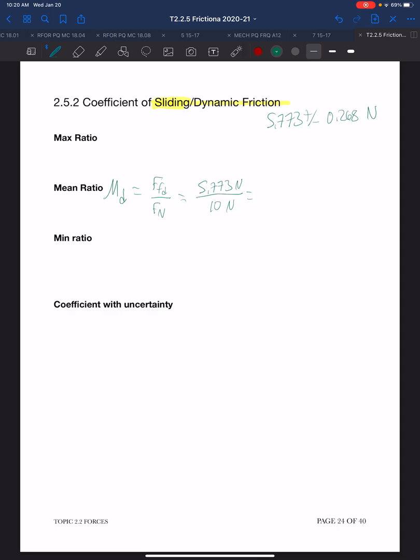So that gives us a coefficient of friction of 0.5773. Not newtons, there are no newtons, the newtons cancel. So that gives us our mean ratio. That is the coefficient of dynamic friction.